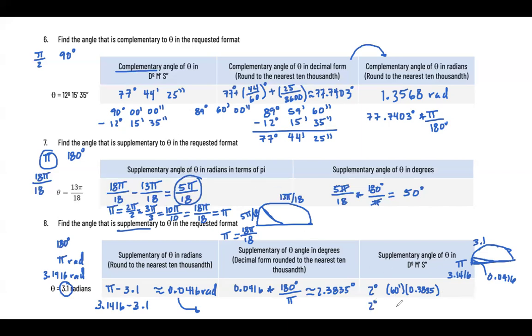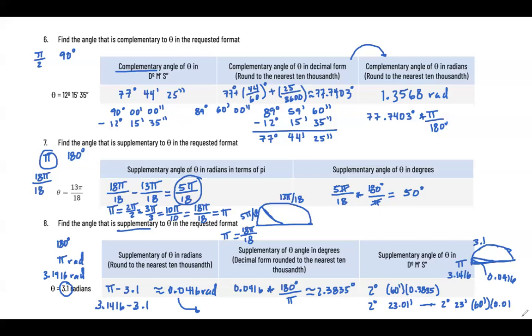So we have 2 degrees, 23.01 minutes. And we're going to go from this into writing 2 degrees, 23 minutes, and out of 60 seconds, we're only going to take 0.01.